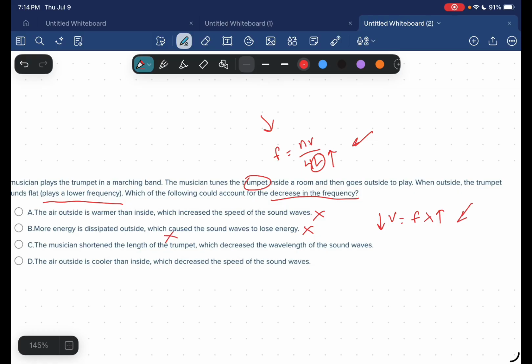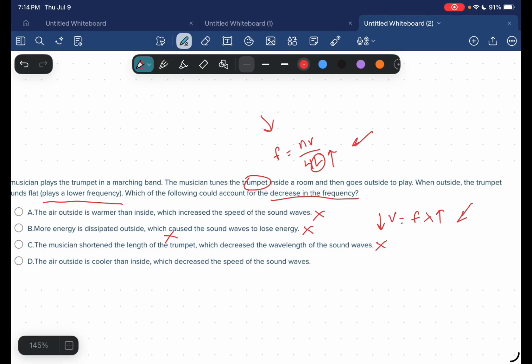But if we keep reading, it also says decreased the wavelength of the sound waves. Again, frequency and wavelength are inversely proportional, so a decrease in the wavelength would cause an increase in frequency, which, again, means we can eliminate answer choice C.